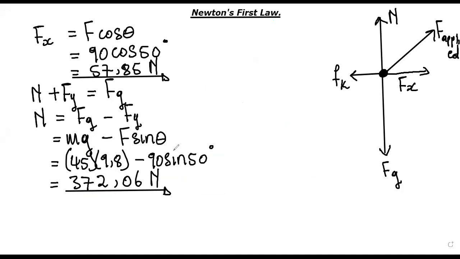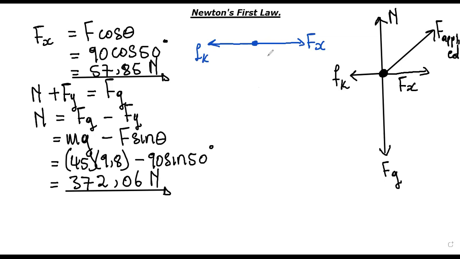So if we look at horizontal motion, we have the horizontal component of the applied force, which is going to the right. And then we have the kinetic frictional force, which is going to the left. Remember what they told us in the statement?